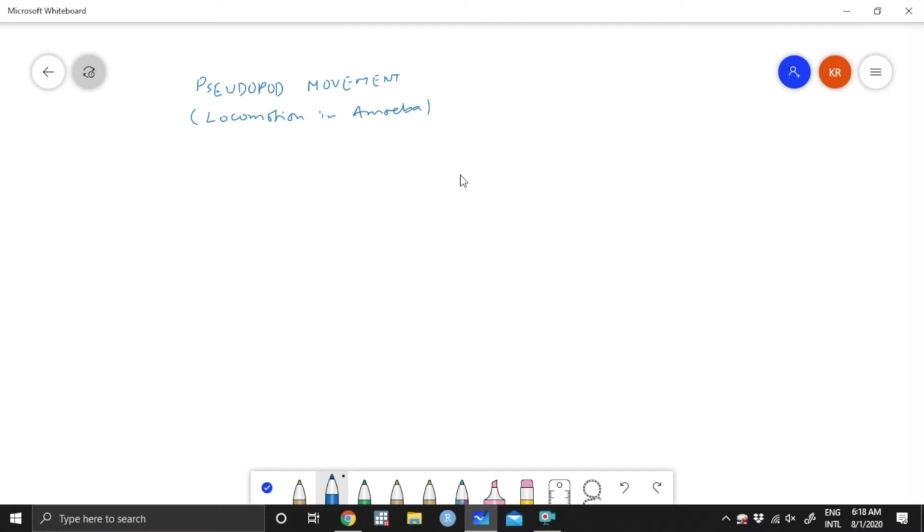So let's just draw briefly a structure of an amoeba. That will be its nucleus.